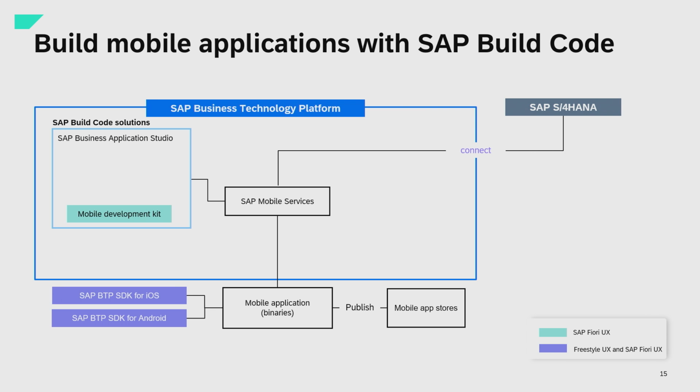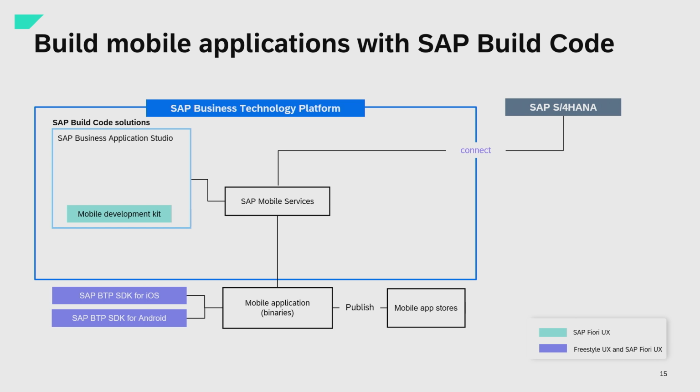With the mobile development kit, you can build SAP Fiori mobile apps that can run on both iOS and Android with just a single code base. And you can connect to S/4HANA via OData and deploy to Cloud Foundry. And if you use MDK to develop, you can directly deploy to your devices without going through the App Store processes from iOS or Android.